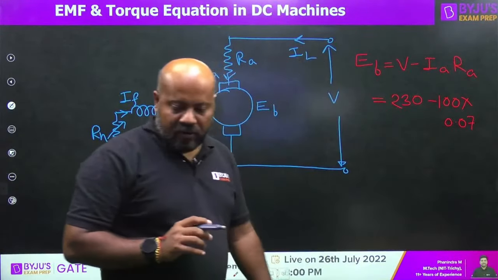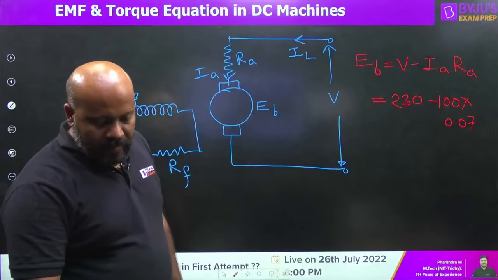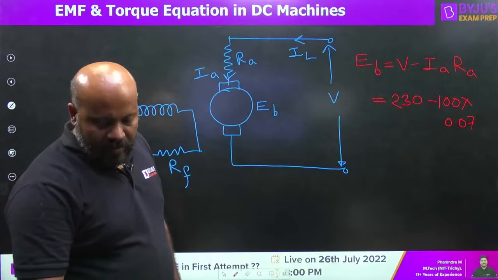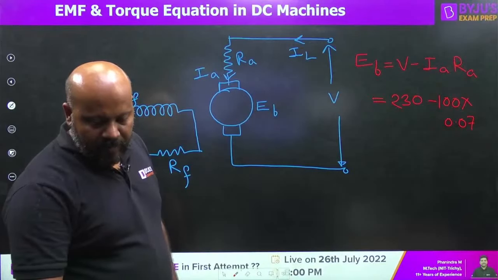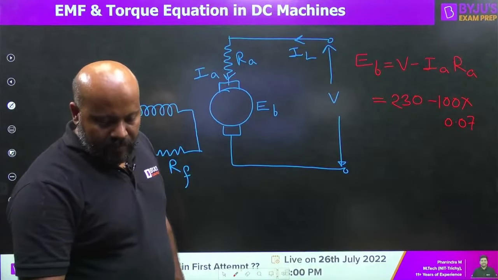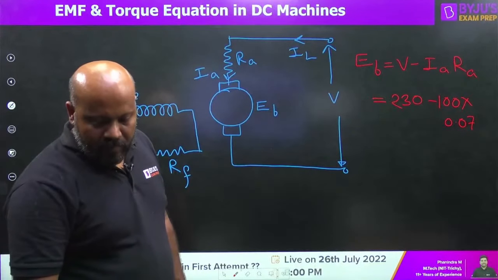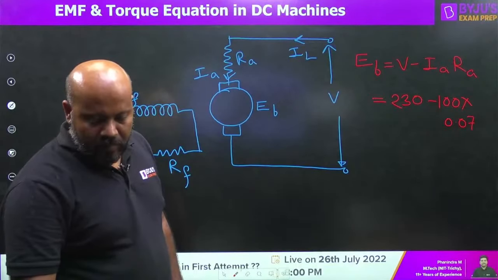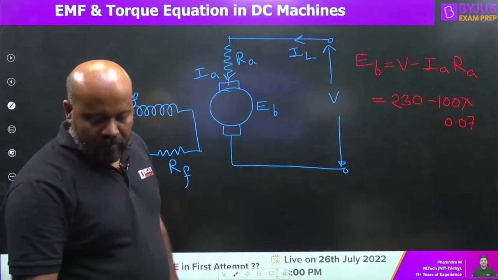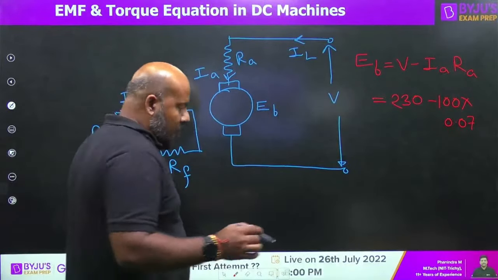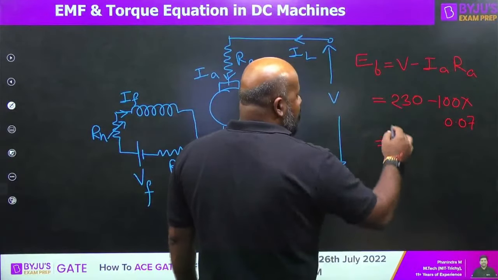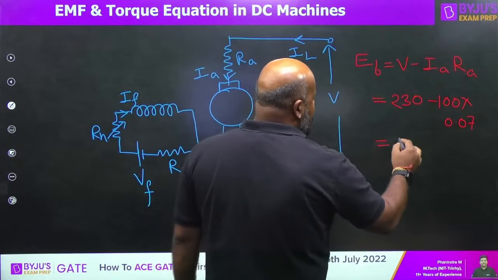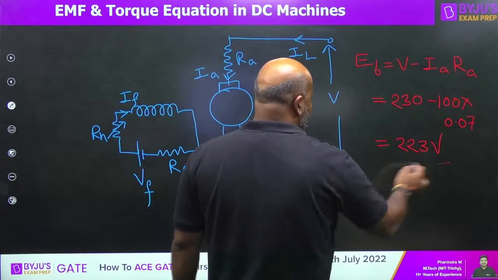Just check this value. I think it should be 0.7. Okay, let me just check it once. Okay, 0.07 is okay, no problem. So it is going to be 230 minus 7, so it is 223 volts.